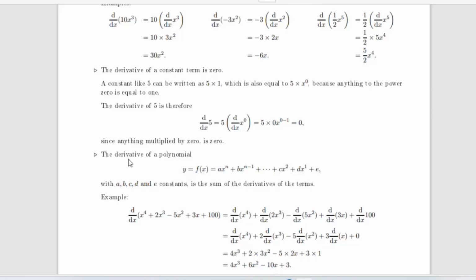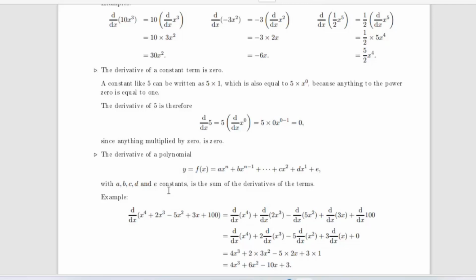Thank you. Let's continue. The derivative of a polynomial y equals f of x, which equals a x to the power n, plus b x to the power n minus 1, plus up to c x squared, plus d x to the power 1, plus e, with a, b, c, d, and e being constants, is the sum of the derivatives of the terms.